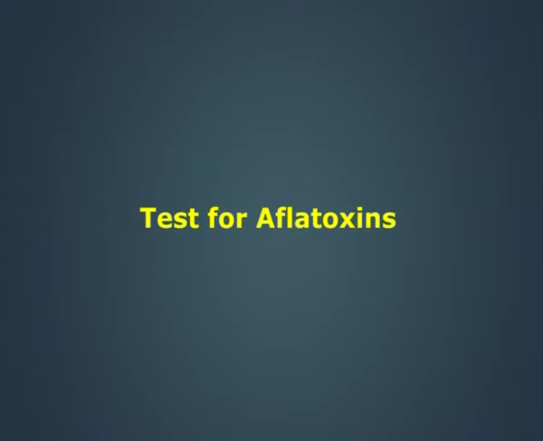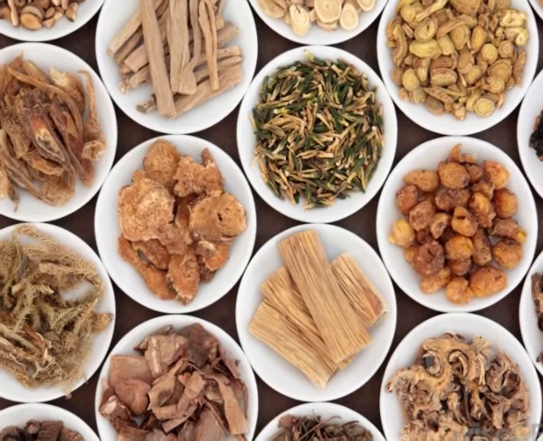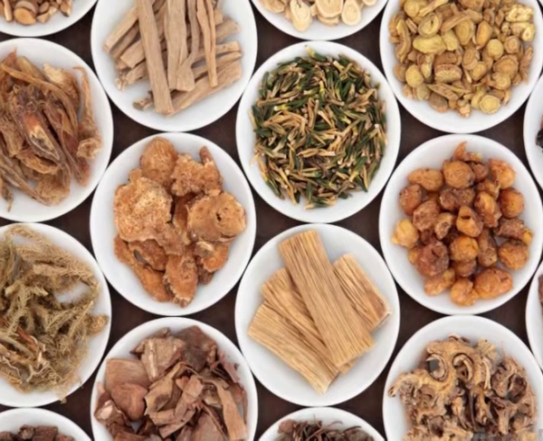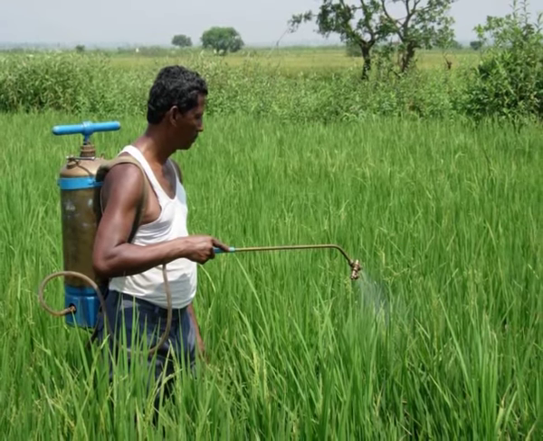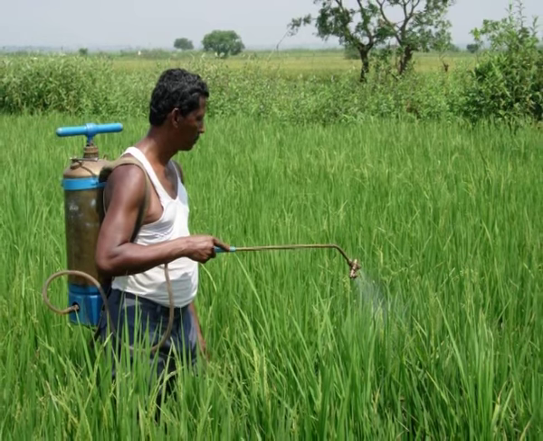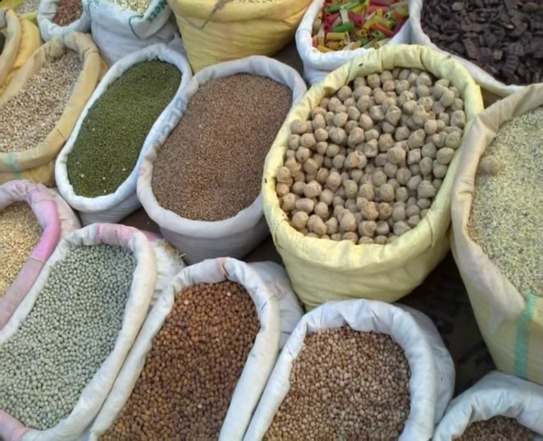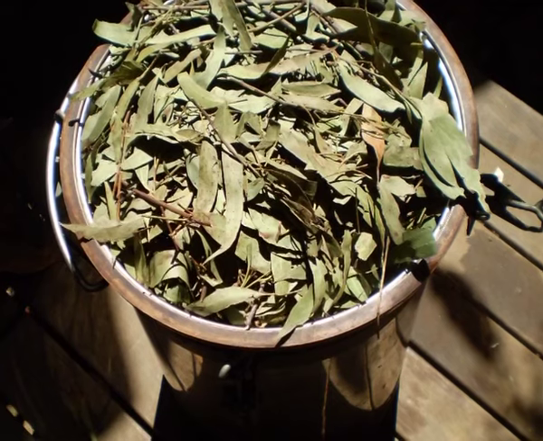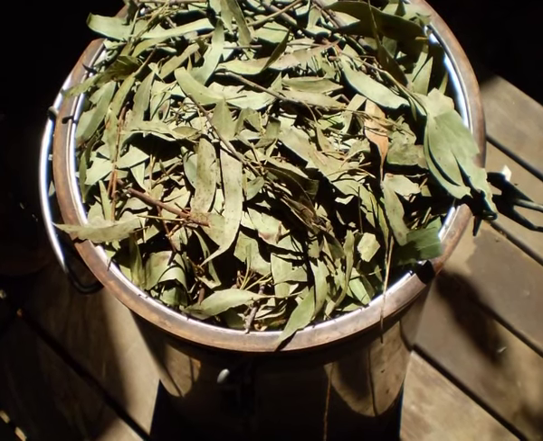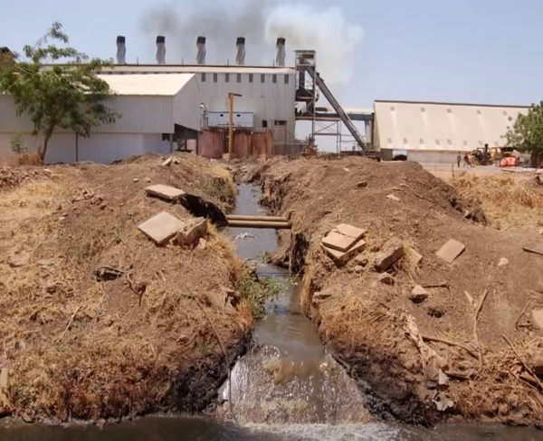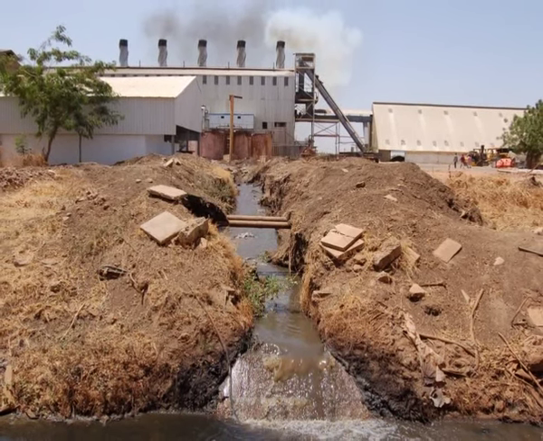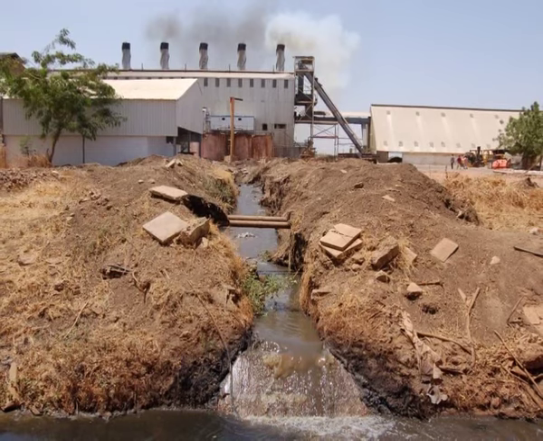Toxic residues. These may arise in fruit drugs as a result of pesticide application during cultivation and at a later stage from fumigation of stored products. The collection of herbal material from areas where industrial waste is disposed could also be a source of toxic residues.